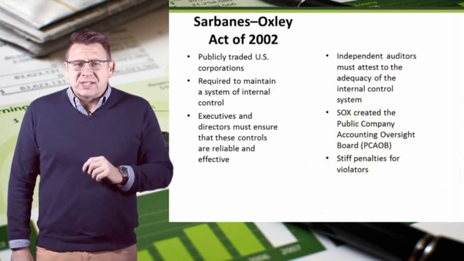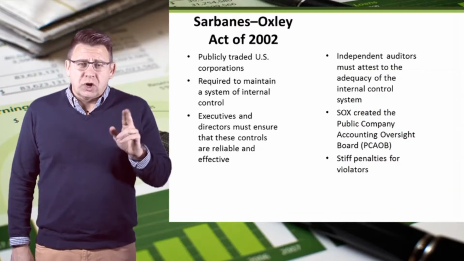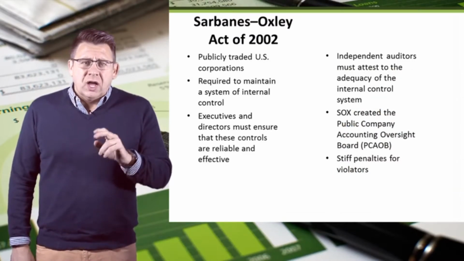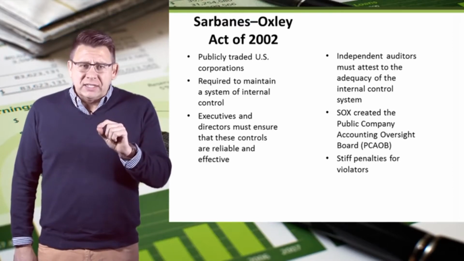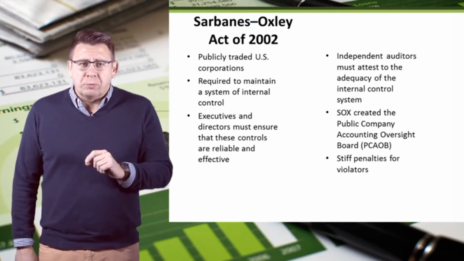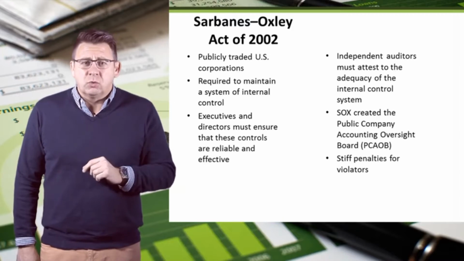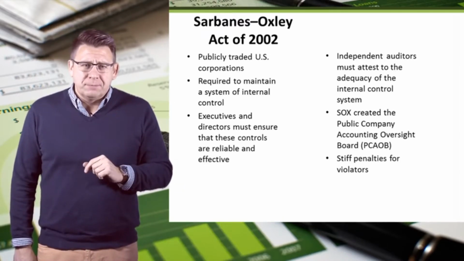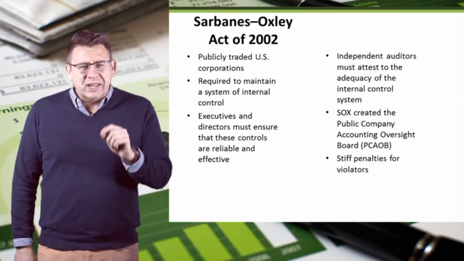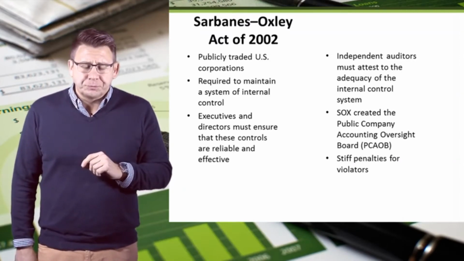The Sarbanes-Oxley Act of 2002, which is more commonly called SOX, is a bill and it contains 11 sections, and it was enacted in a reaction to a number of the corporate accounting scandals, including Enron and WorldCom. It applies to publicly traded U.S. companies. It requires them to maintain a system of internal controls.